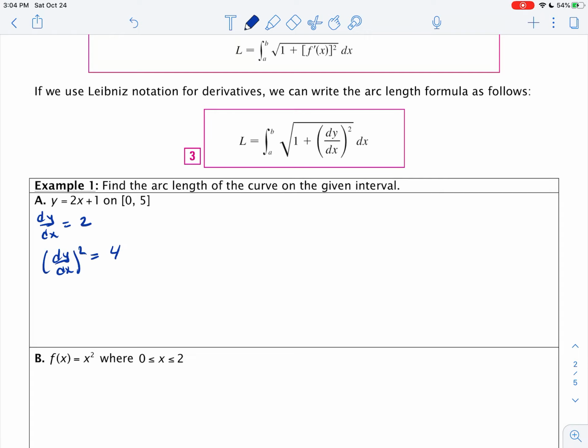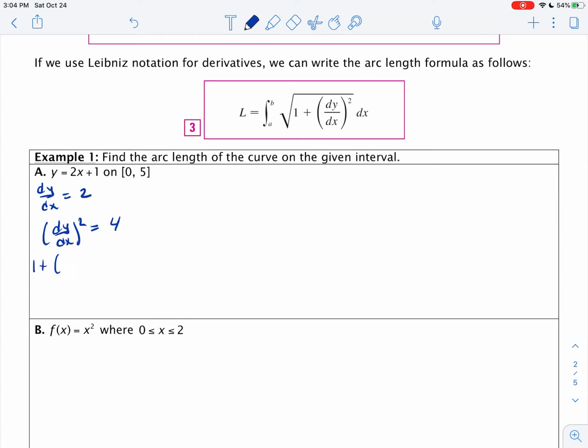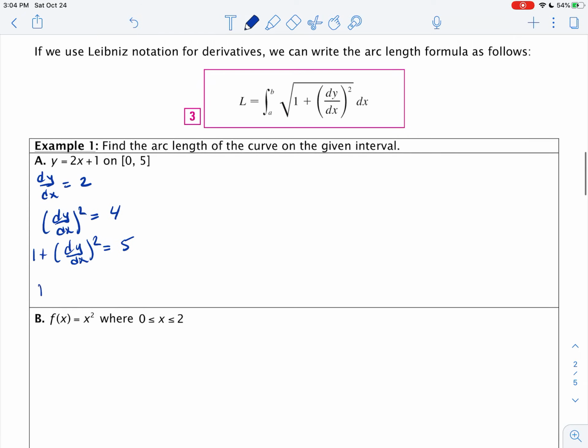What is dy dx squared? That is going to equal 2 squared, which is 4. Then I'm going to add 1, and I end up with 5. Then I take the square root of 1 plus dy dx squared, and that's going to equal the square root of 5.